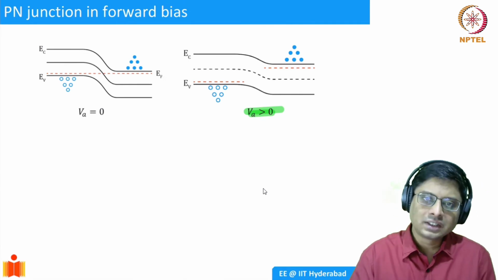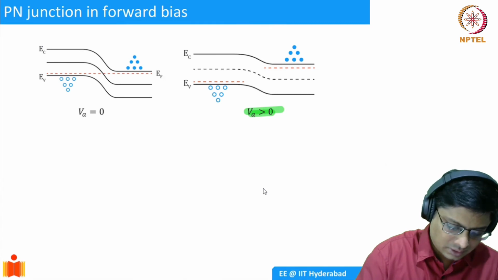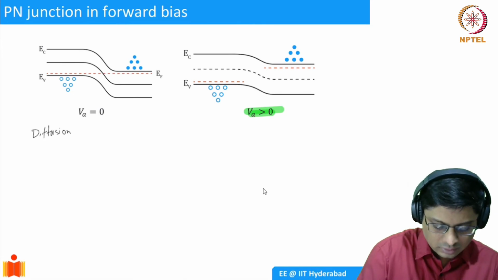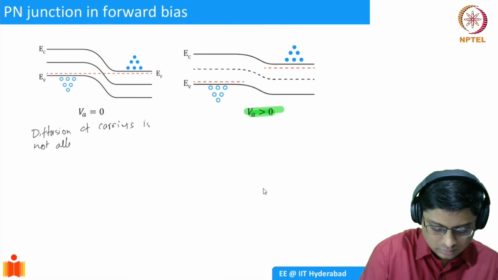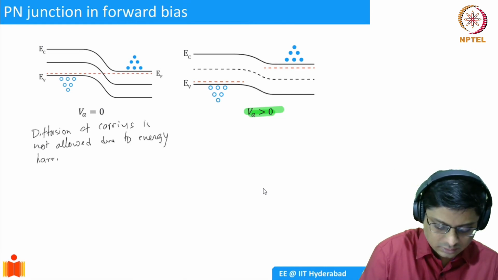When you had no applied bias, we said that there was no diffusion possible, right? So when applied voltage was 0, diffusion of carriers is not allowed due to the energy barrier, right?